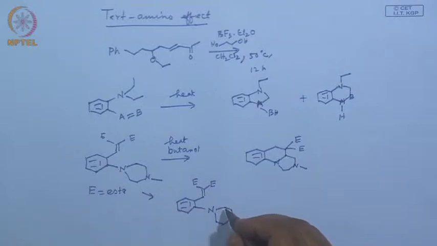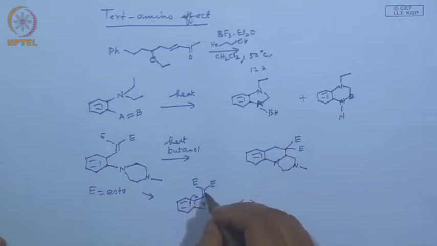That is the important thing. When I say tertiary amine, actually a tertiary hydrogen should be alpha to the nitrogen, there must be a hydrogen here. And what is expected is that there would be resonating structures of this kind.